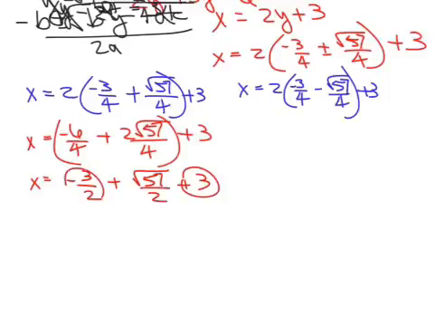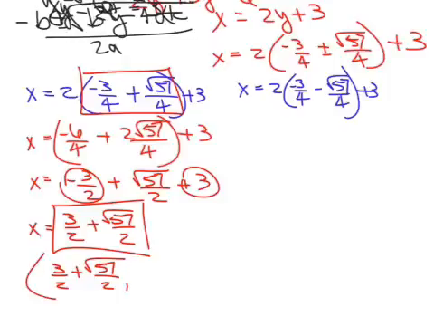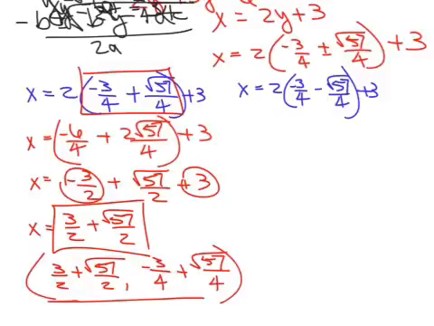So we're going to take that and add those, and we'll get a positive 3/2 plus a square root of 57 over 2. So that's my x value when my y value is that. So I have 3/2 plus the square root of 57 over 2. There's my x value, and my y value is that. So there's my x and my y value.